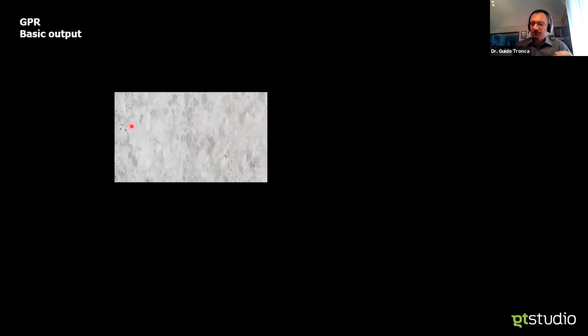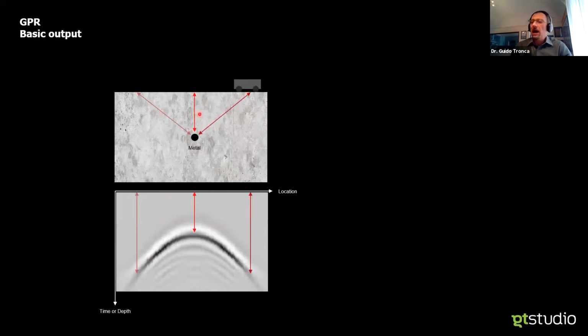Let's understand very shortly what you have in your hand when you use it. You have a device that you will roll onto a surface along a path. It will send its impulse while running, and it will measure the arrival time of each reflection. The measuring time or measuring distance, once we assume a given velocity, is then represented in an image.